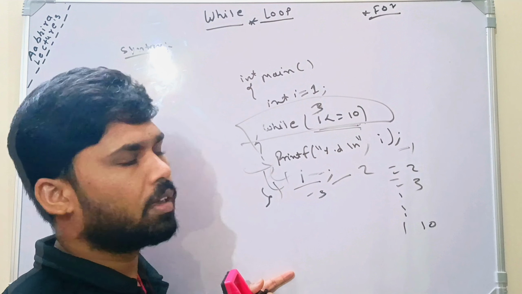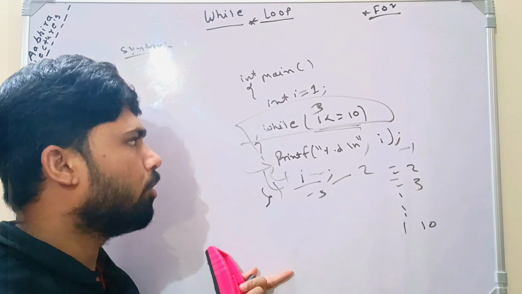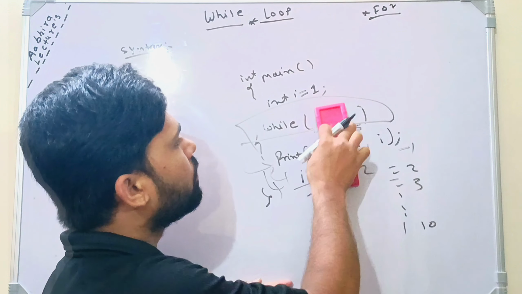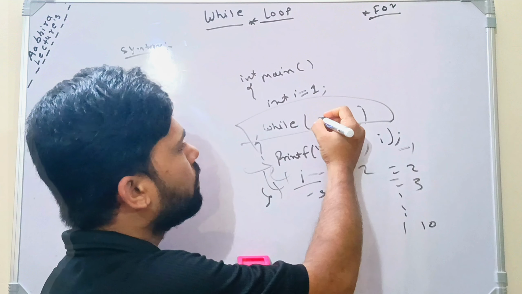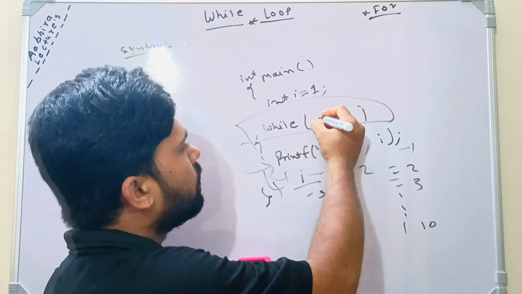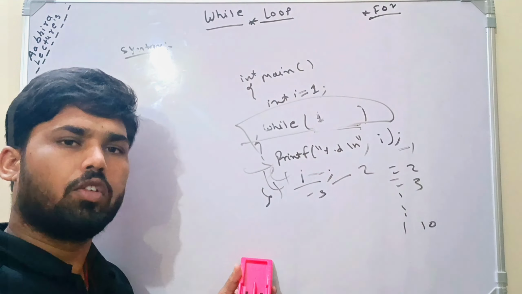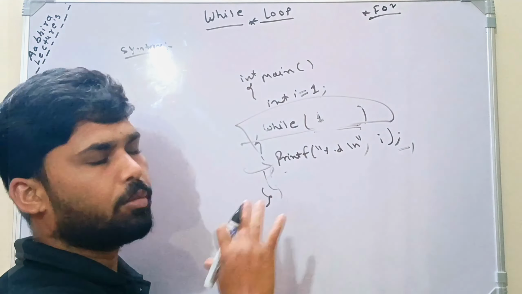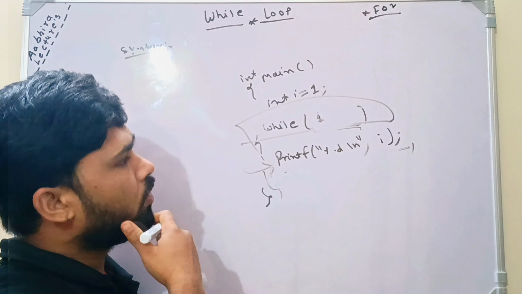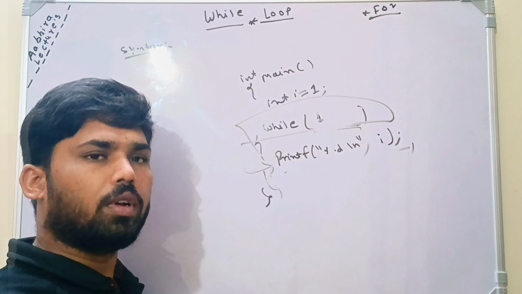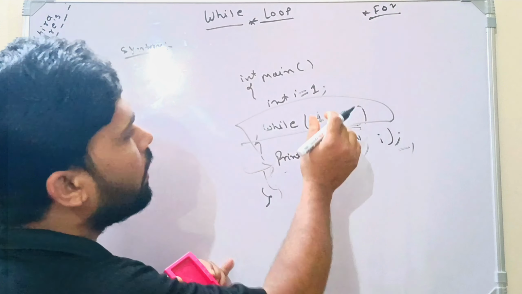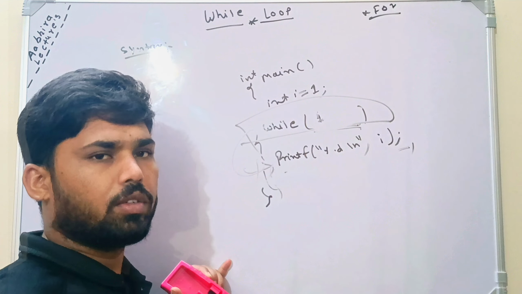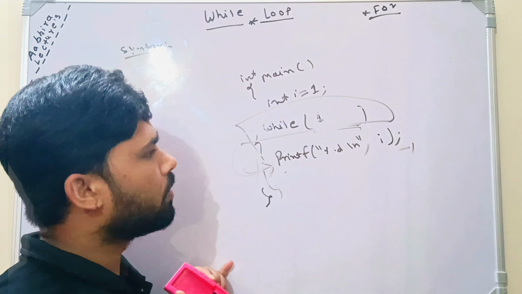Suppose you give i equal to 1 and do not give any increment or decrement, it will print 1 only, and since the condition never changes, it will keep printing infinitely. So that is the while loop.